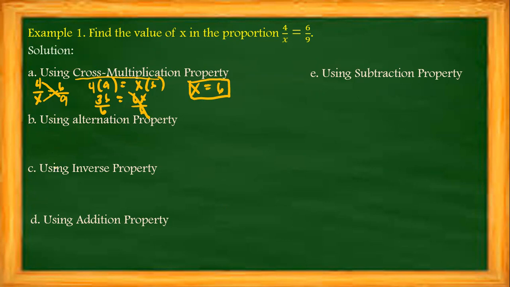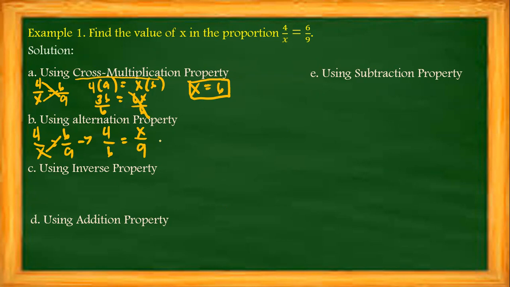Now let us try the other properties to see if we can get the same answer. Next, let's use the alternation property. Write down the given. Alternation, all you have to do is interchange the means. So it will become 4 is to 6, because the 6 will be written below the 4, equals x over 9.